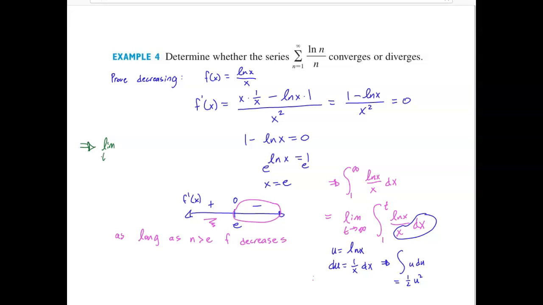Limit as t goes to infinity of 1/2 ln x squared. I need to evaluate that from 1 to t. And then natural log of 1 is just 0.